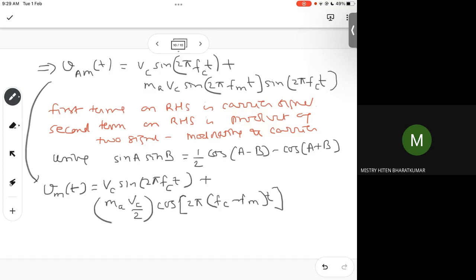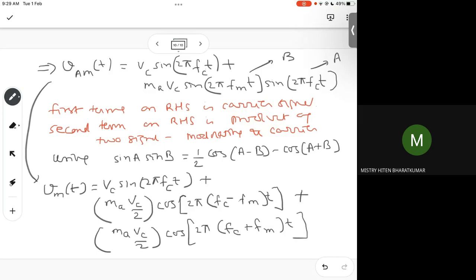I put fc first because this becomes my A part and this becomes my B part in the trigonometric identity. So I put fc minus fm because fc is normally the higher frequency. That is the first part. And then we'll have another expression because of this trigonometric identity, Vc/2 cos 2π(fc plus fm)t.